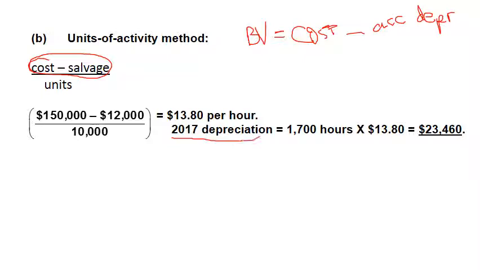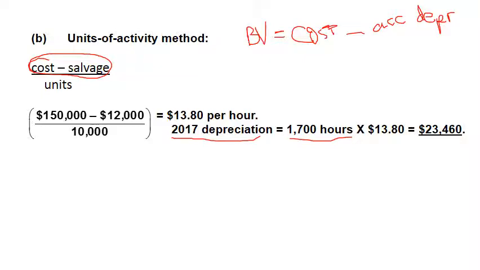In 2017, the machine ran 1,700 hours, and our rate is $13.80 per hour. So the depreciation expense that will be recorded for 2017 is $23,460. If more hours were worked during the year, your depreciation expense is higher. If fewer hours are worked, the depreciation expense will be lower.